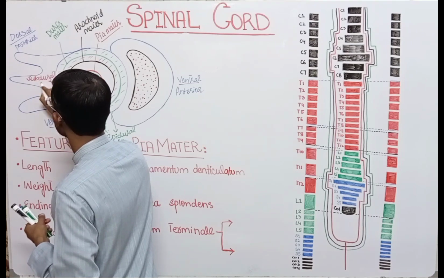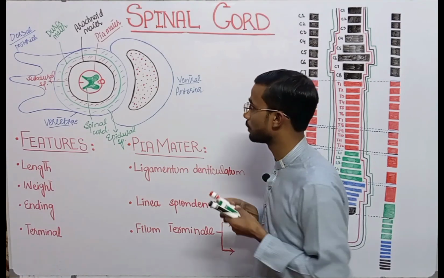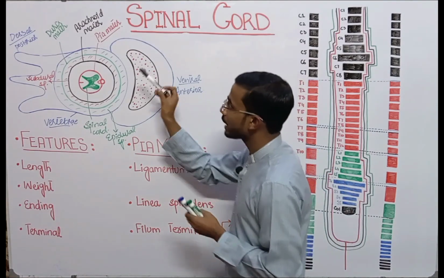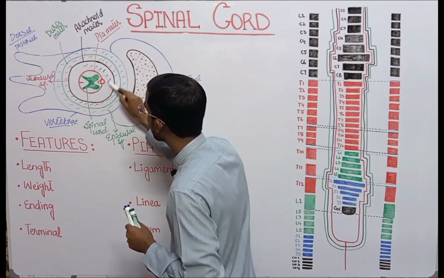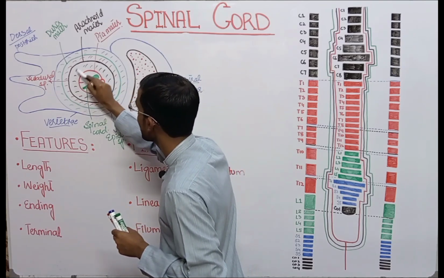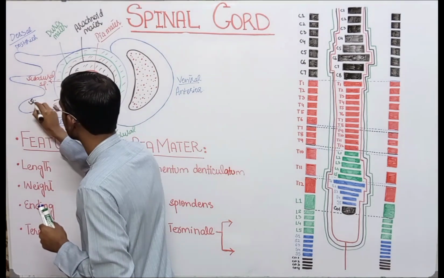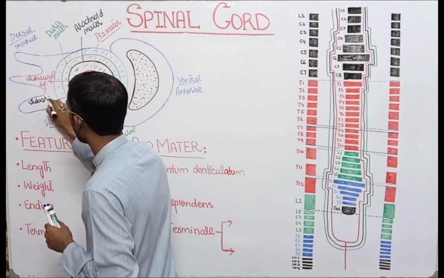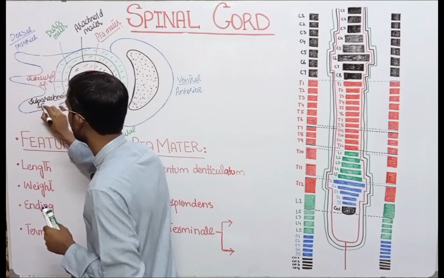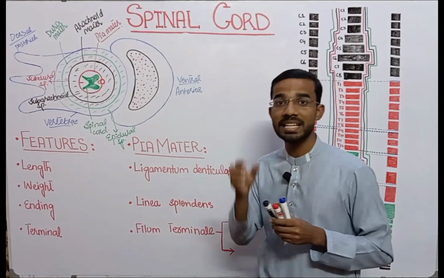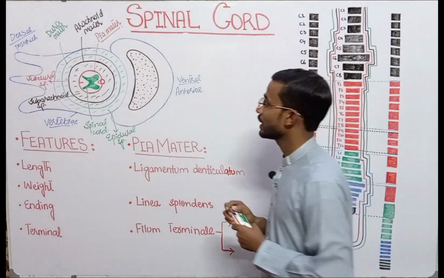Then you will see the arachnoid mater, and the space present below the arachnoid mater is called the subarachnoid space. In the subarachnoid space, you will see the cerebrospinal fluid.